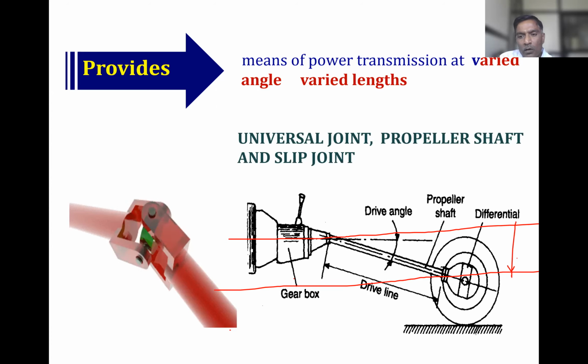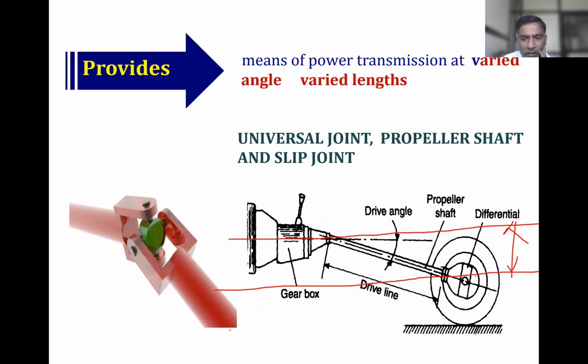Okay. So engine is mounted on the chassis, and that power we need to provide to the wheels at the ground. So this one is the difference, and that to some angle we need to transmit the power.